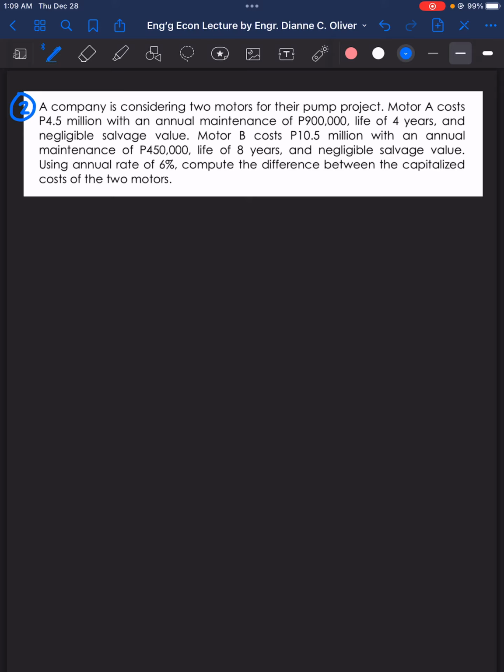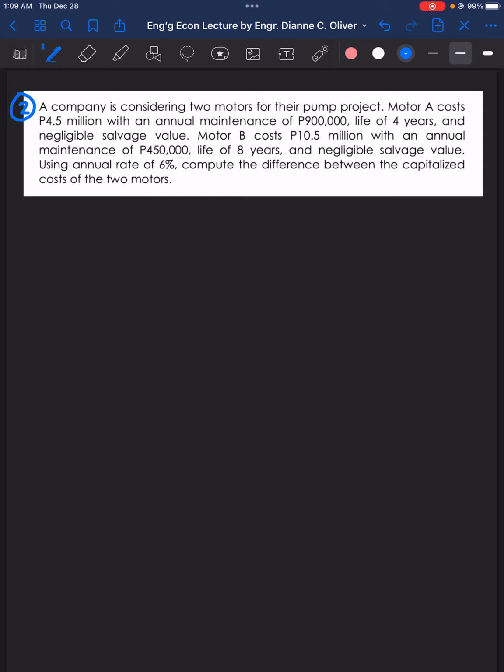Motor B costs 10,500,000 pesos with an annual maintenance of 450,000 pesos, life of 8 years, and negligible salvage value. Using annual rate of 6%, compute the difference between the capitalized cost of the 2 motors.